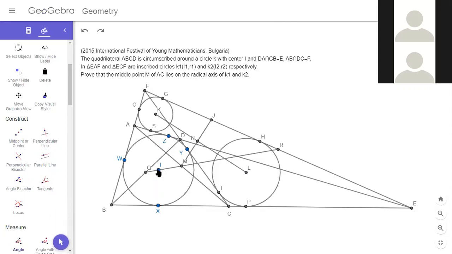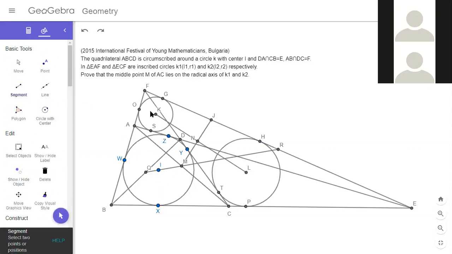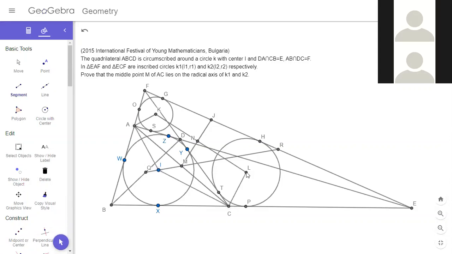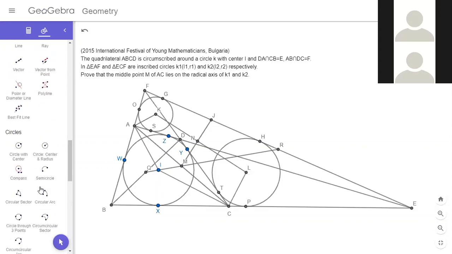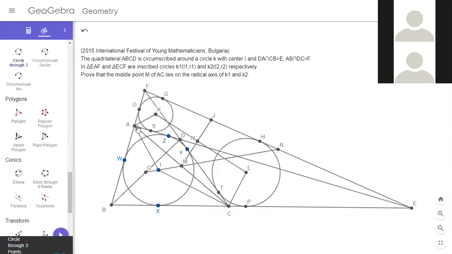Oh, yeah, we can try proving that maybe IMK. No, but IAK is 90 just because IA is the internal bisector and K is the external bisector. IAK is 90 degrees. Yeah, we should probably try to use that fact. So yeah, IAK is 90 and ICL is 90. I didn't see that, but yeah.